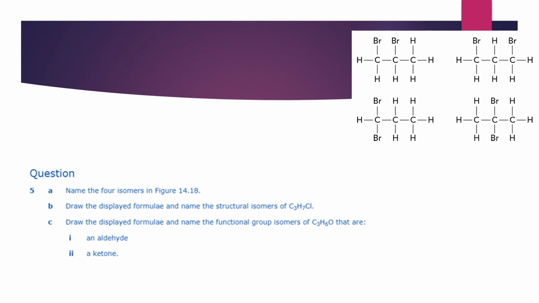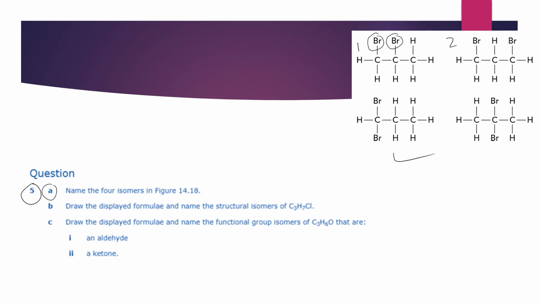Here we have question number 5 from your textbook. Number A, name the 4 isomers in figure 14.18. This is the figure. So number 1 is 1,2-dibromopropane.